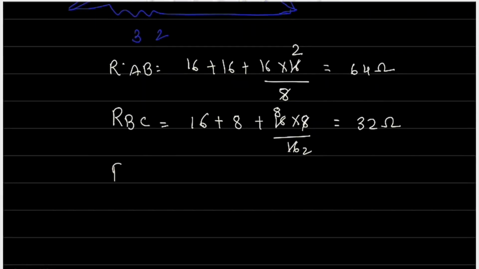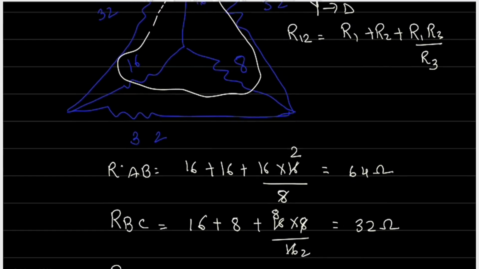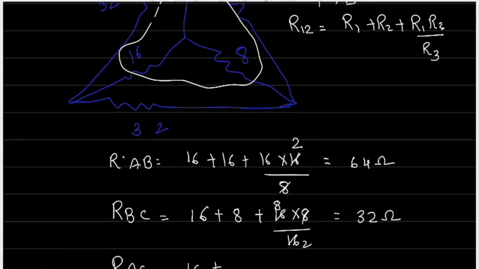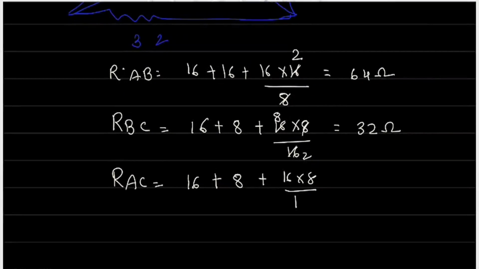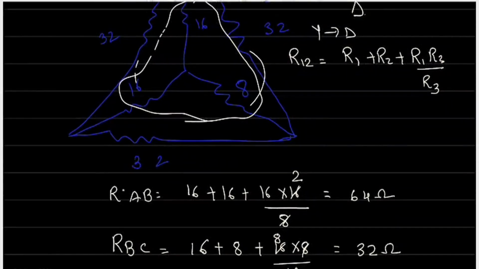Next, RAC equals, A and C, so it is 16 plus 8 plus 16 into 8 divided by 16. That again gives me 32 ohm. So this star has been converted into delta.